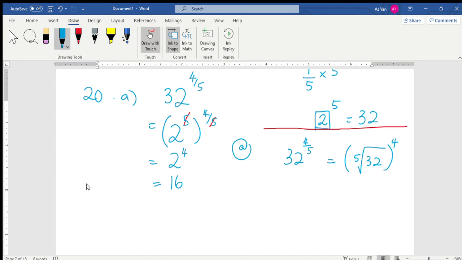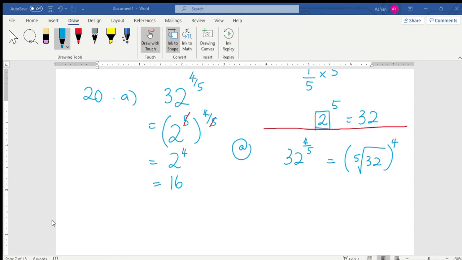By using the calculator, you can choose, depends on your calculator. I start with 5. So 5 is the root, so 5. And then click this symbol. You can see the symbol here. And then there is roots. Then the box should be placed with 32.